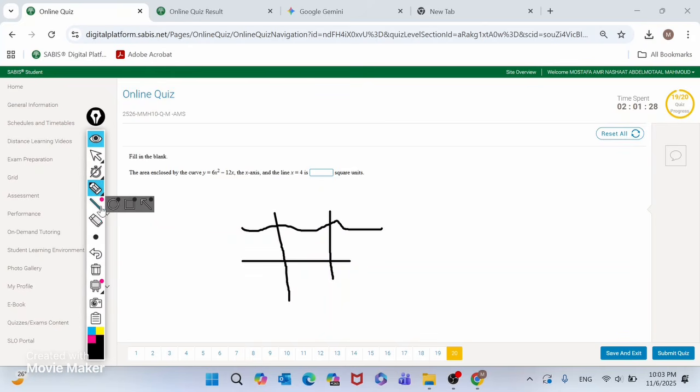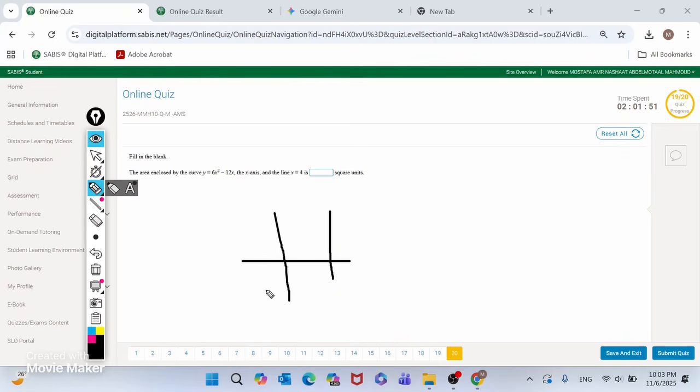Oh, that means it crosses the x-axis, so this is definitely not the curve. To see when it crosses the x-axis, just put it on your calculator in the quadratic equation. 6x squared minus 12x plus 0. It intersects at 2 and 0.